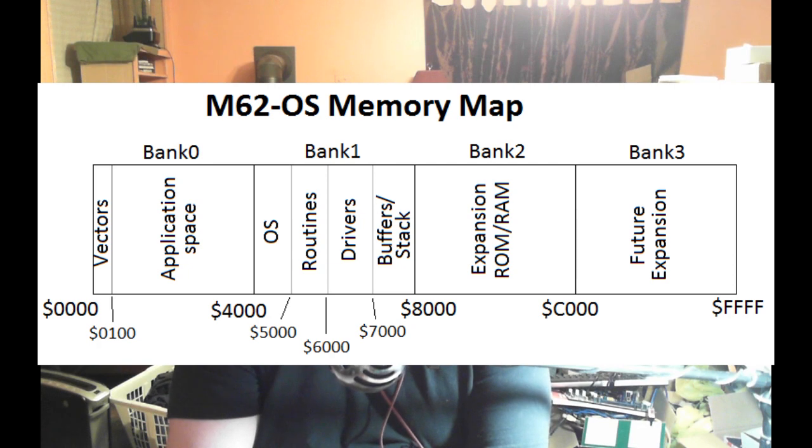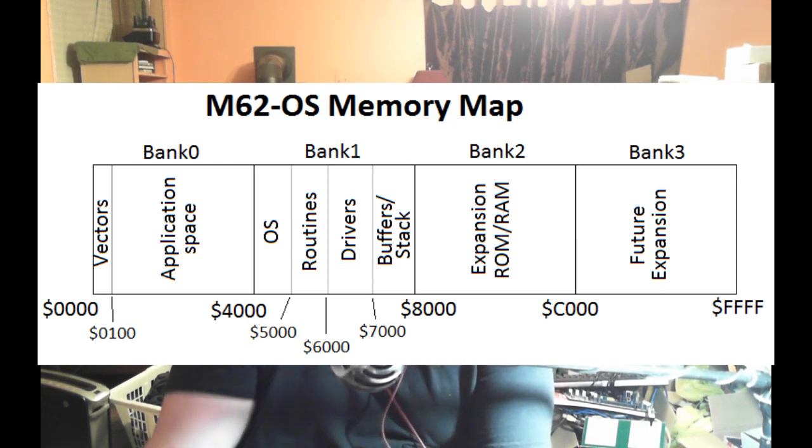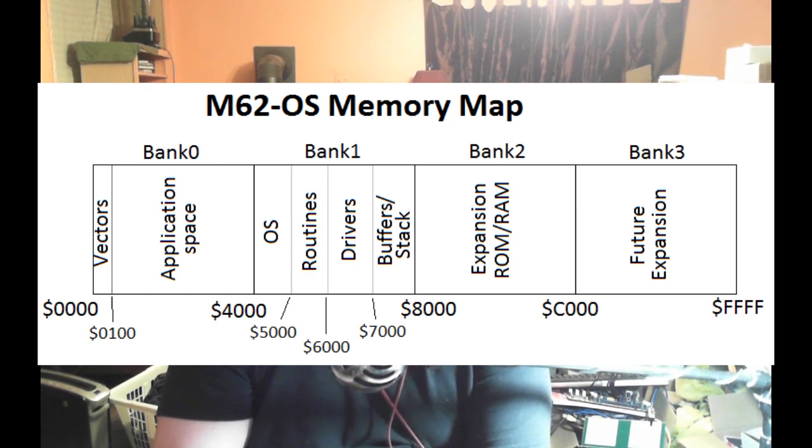So basically it overwrites all from 0 to 100 hex with all the jump vectors and stuff. Well, actually it's FF hex that it does it to. And from 100 hex all the way up to 3FFF is then used for application space when you want to run your application.